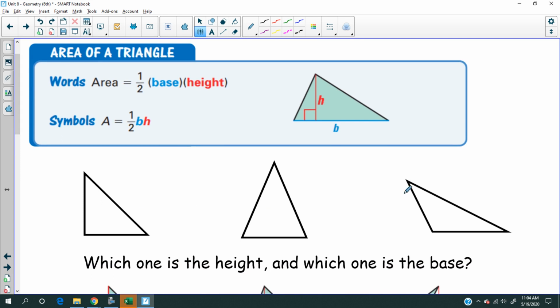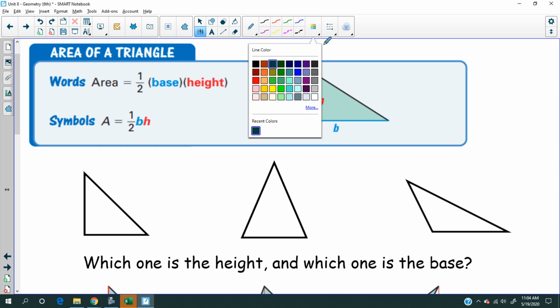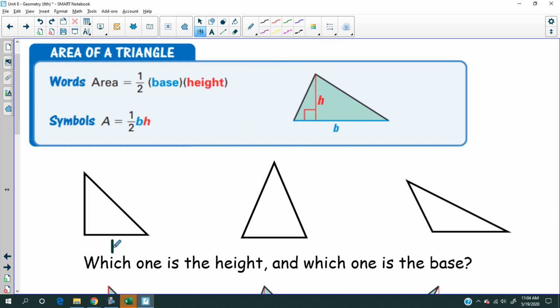Depending on the triangle, I think it's very easy for all of us to identify the base. That's the base, that's the base, that's the base. But here's the question. Which one's the height here then? Can you answer that? Where's the height, and how do you define the word height? Yeah, this is the height, right?